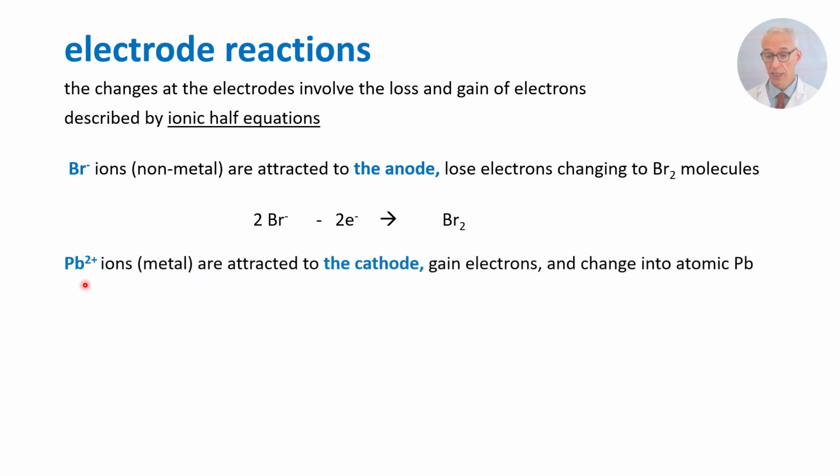Let's consider the cathode. Lead 2+ ions are attracted to the cathode. They gain electrons and change into atomic lead. Having seen this ionic half equation, have a go at writing the change at the cathode. Stop, restart when you're ready.